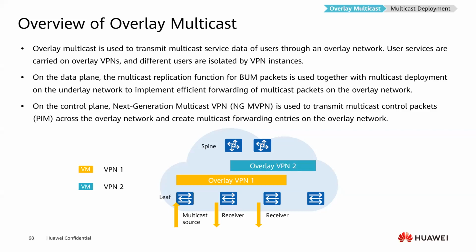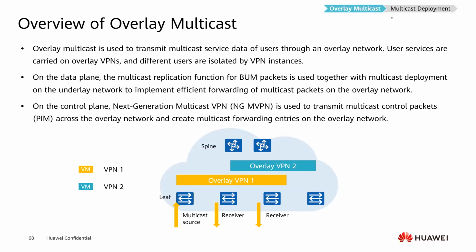On the data plane, the multicast replication function for the BUM traffic is used together with the multicast deployment on the underlay network to implement efficient forwarding of multicast packets on the overlay network.